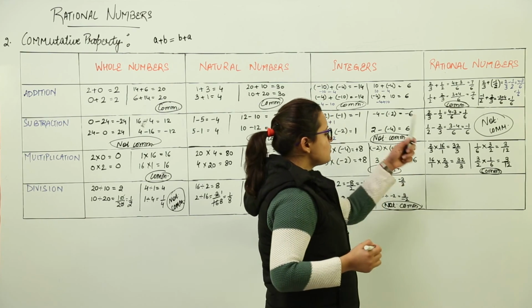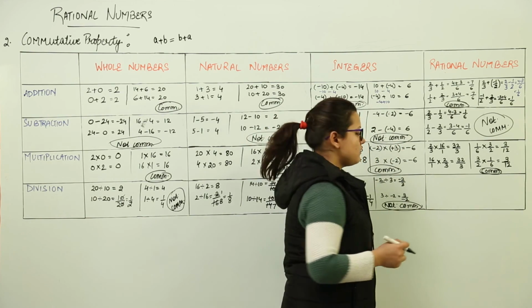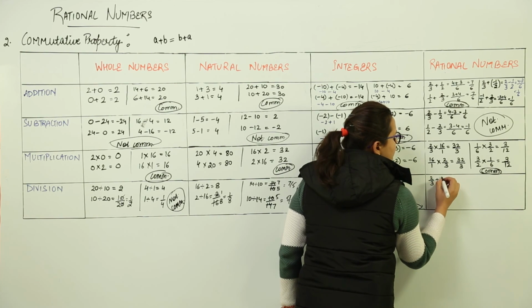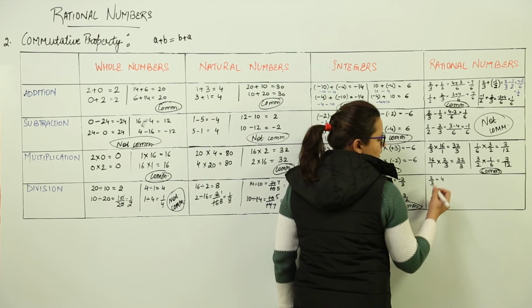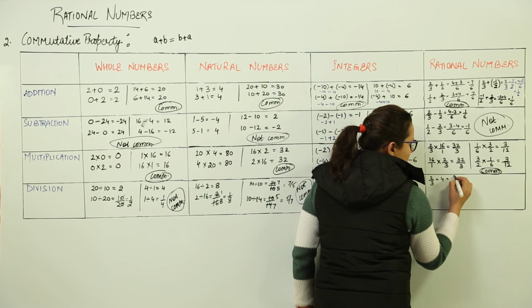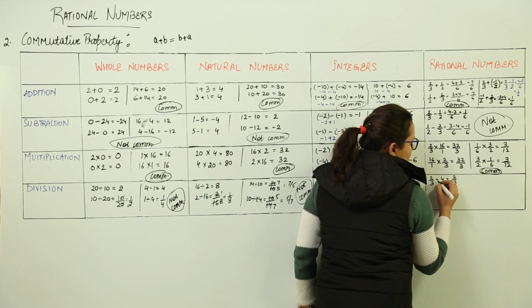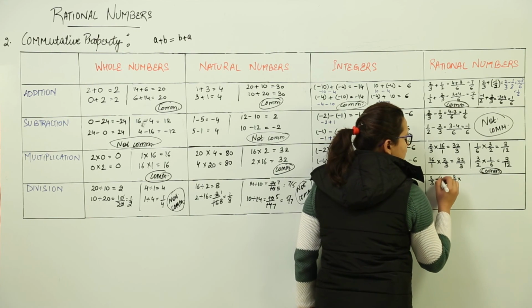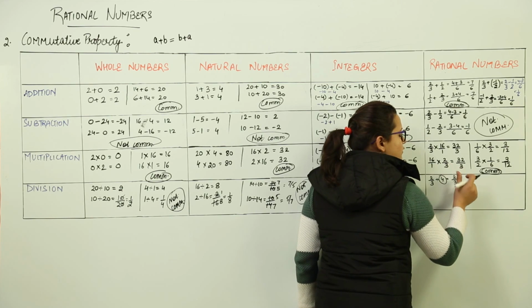Now my last case would be for the rational numbers, the division of rational numbers. Let us do 2 over 3 divided by 4. How do we do this division? The division gets converted into multiplication sign, and whatever value is there gets reciprocated.